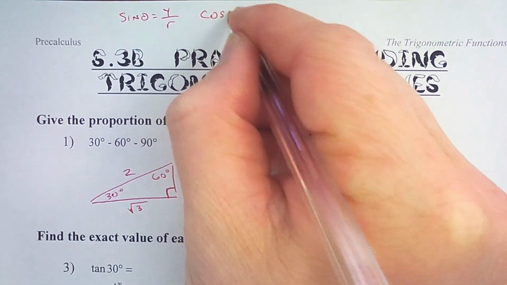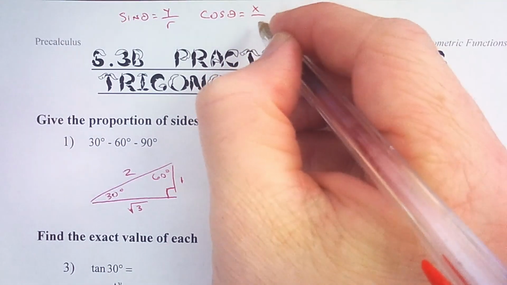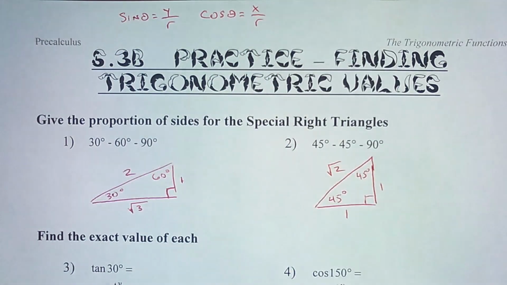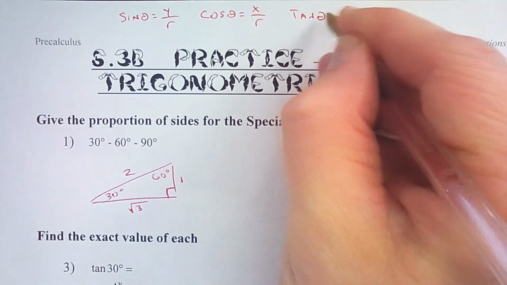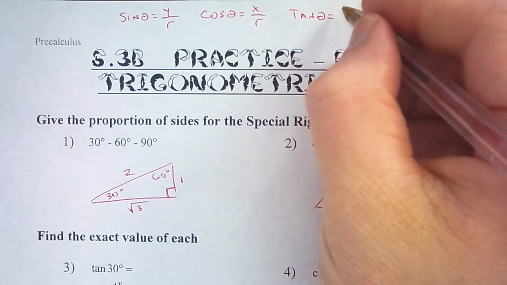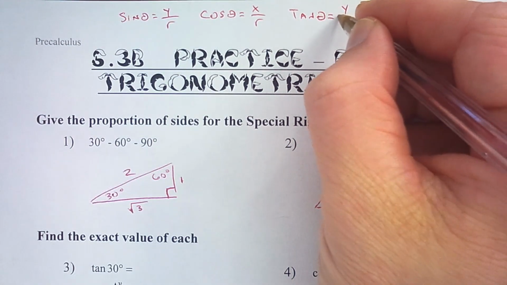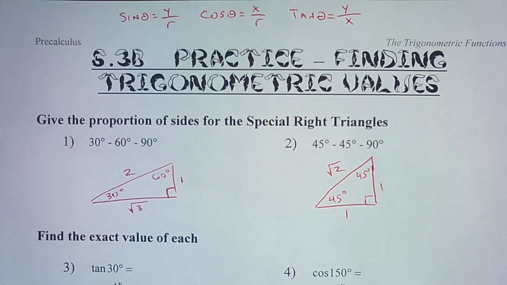Cosine theta is adjacent over hypotenuse, and we need to remember that adjacent comes from the x value, and the hypotenuse is the radius. And tangent theta is opposite over adjacent, and we need to remember that opposite comes from the y value, and adjacent comes from the x value.